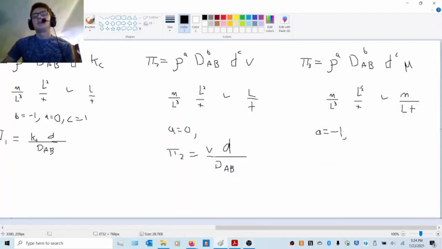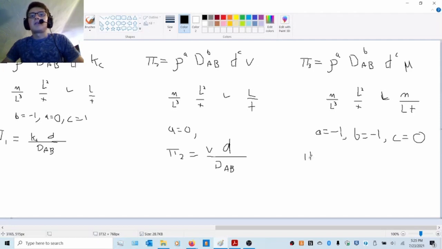So let's see. We have to flip that over, so B is going to be -1. And then what would C be if we had all this together? Well, we have one length left. There'd be three lengths on the top, three lengths on the bottom. Well, shoot, we can just set C equal to 0 here because we don't need it. It's just getting in the way.